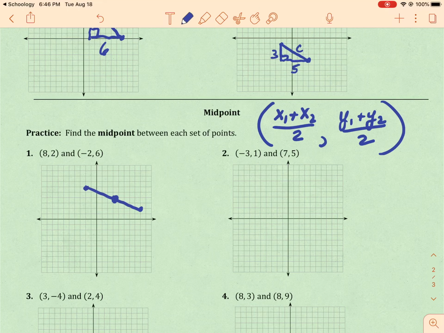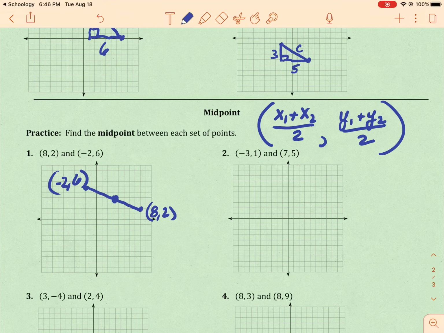So 2 ways to go about it. Midpoint formula, we can add the points together and divide by 2. Now it doesn't matter which one we call our x1 or our x2, as long as they match up correctly.